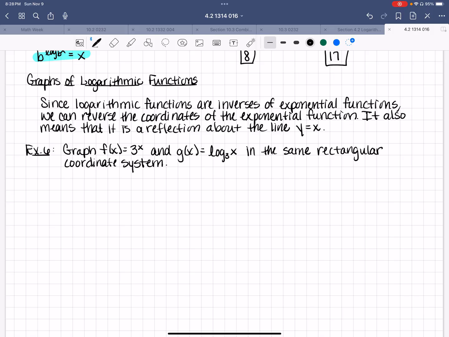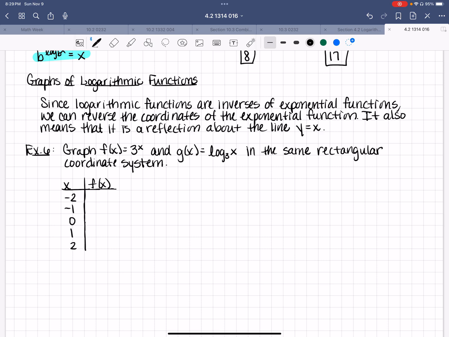Okay, so I'm going to start off with f of x because I know how to build the table and get some points with 3 to the x, with exponential functions, because we've done that. Okay, I'm going to pick a few values, -2, -1, 0, 1, 2.